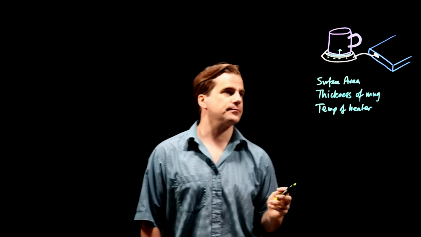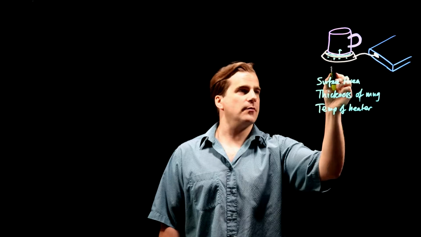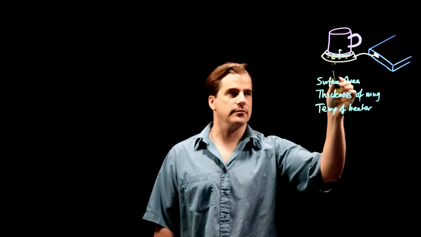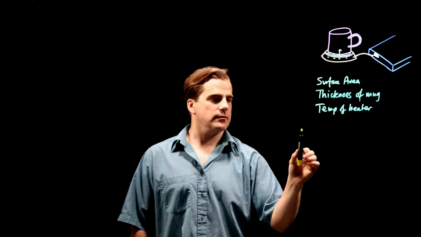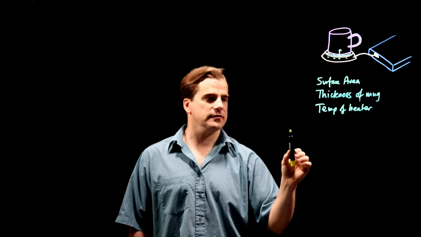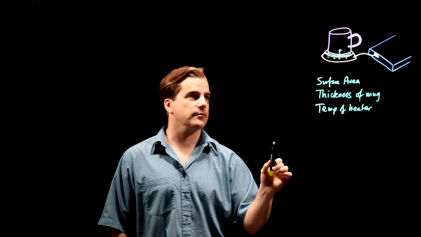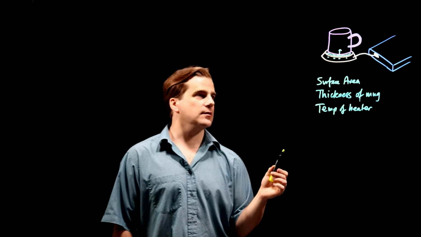So energy is transferred from the base of the mug into the lower layer of coffee by conduction. So the coffee particles in the lower layer vibrate faster because they gain energy.